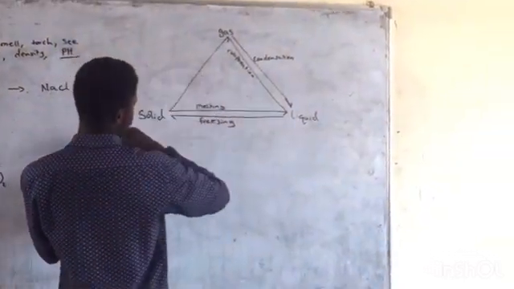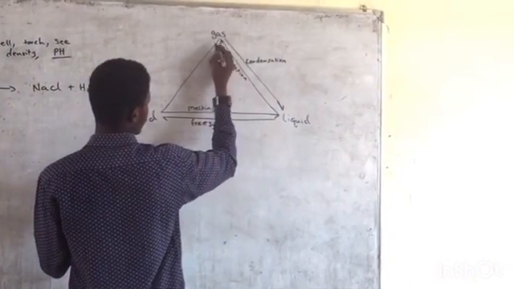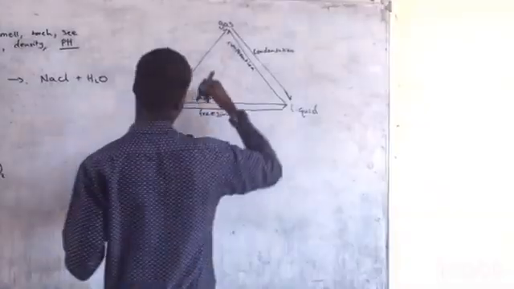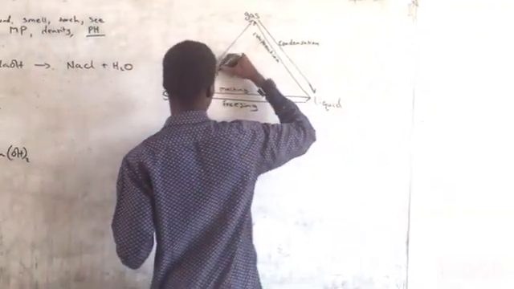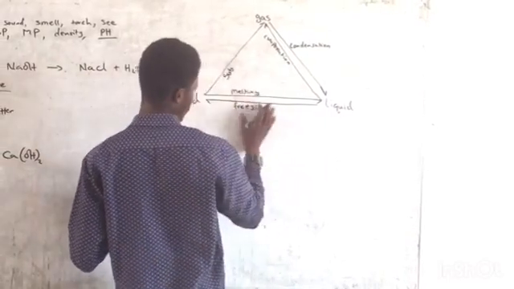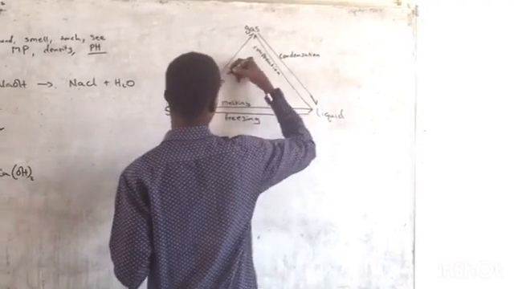Okay, this is another weird one here. When solid is changing directly to gas, what's it called? This is a very common one in your JAMB. If you are answering questions, you'll be seeing this, because everybody knows the others, so they want to ask something new.